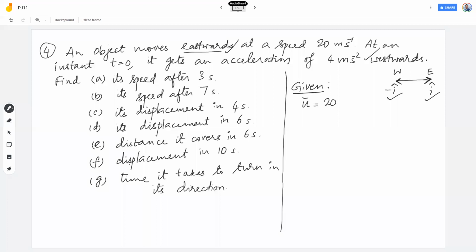Eastwards means I cap. So 20 I cap meter per second. This is initial velocity. And what is the acceleration of the object? A bar is given. A bar equal to 4 meter per second square westwards. Westwards means minus I cap. So it is 4, direction is minus I cap.